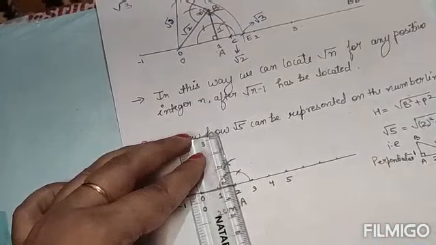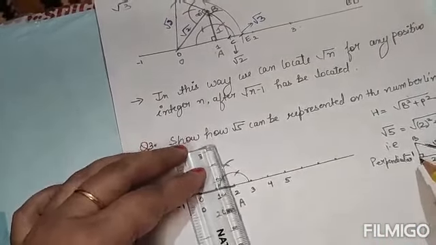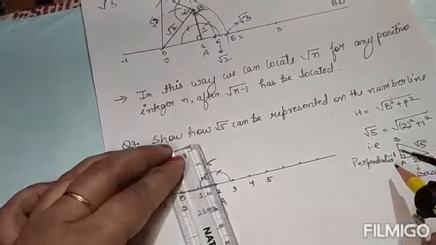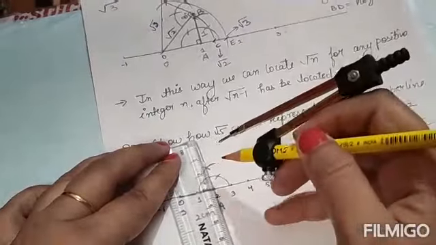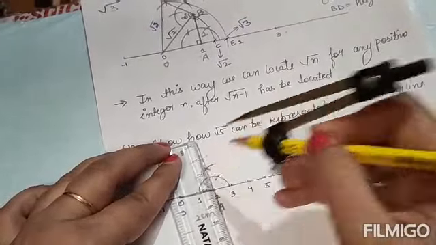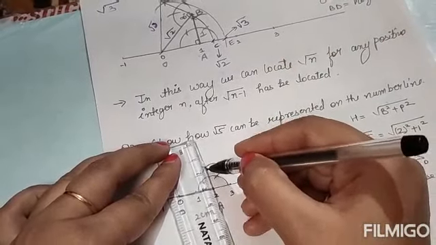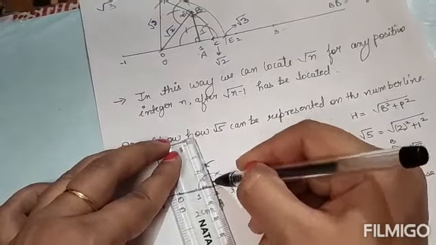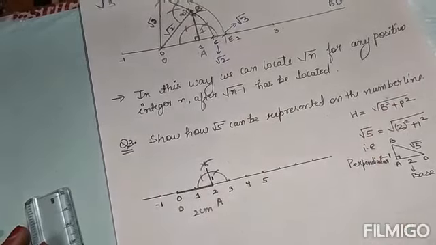This will be 90 degree. Now the perpendicular should be of length 1. Basically the length 1 will be, look here, it is going like this, and the length is 1 centimeter.